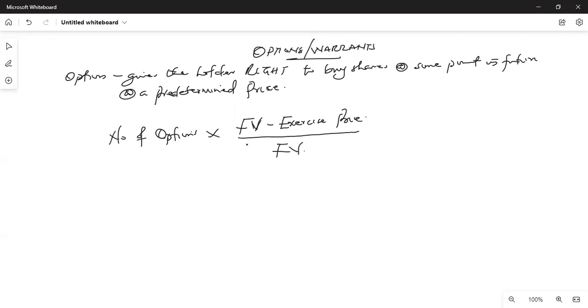That is how you determine the number of shares issued for no consideration. That is the bonus part that we are talking about. It's issued for no consideration.